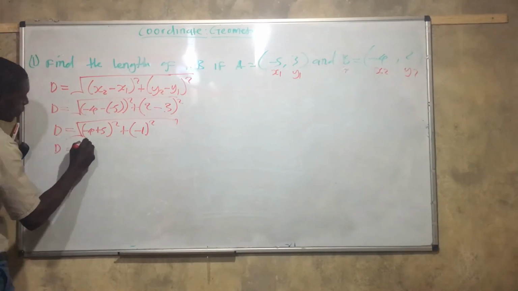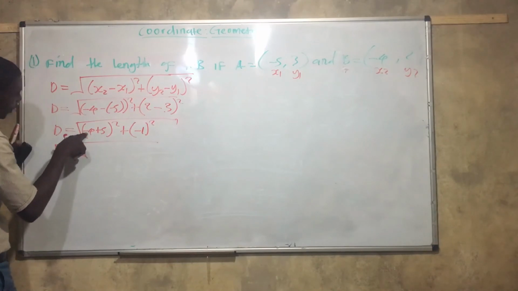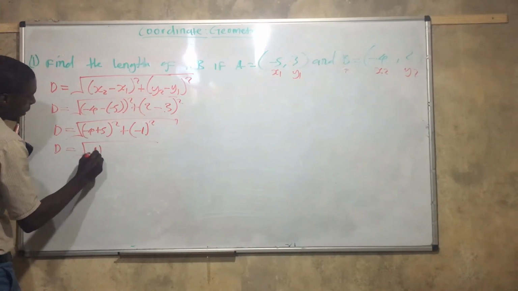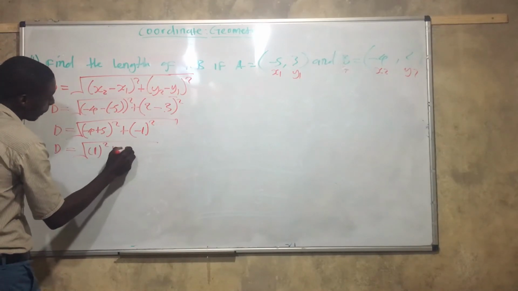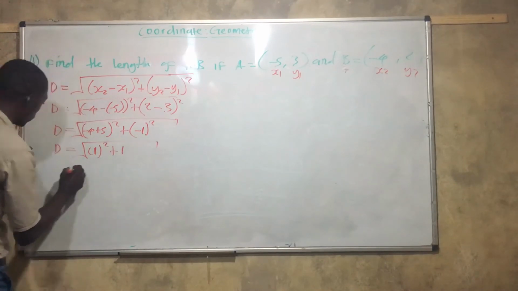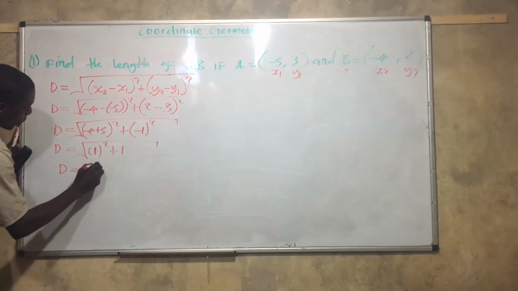So d will be equal to the square root of 1 plus 1.